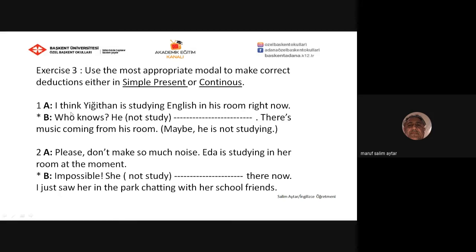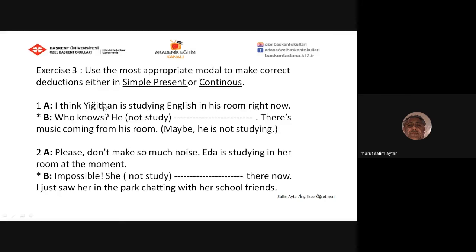It says, I think Ethan is studying English in his room right now. See the clue? Who knows? It says, who knows? And in the first statement, we have got the idea that it is present continuous.